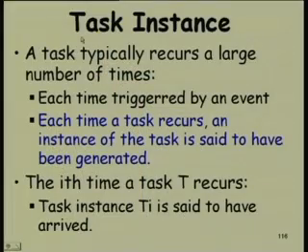Another term that we will use is task instance. Each task occurs a large number of times. For example, the temperature sensor might sense the high temperature at various points in time, and therefore the same task will be fired again and again, and each time the task is fired, we say that a new instance of the task has occurred.